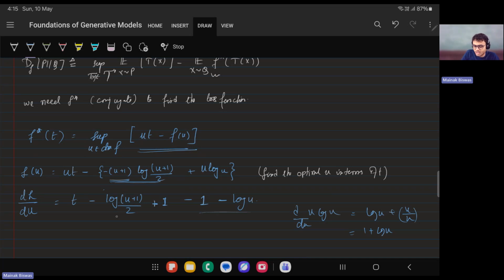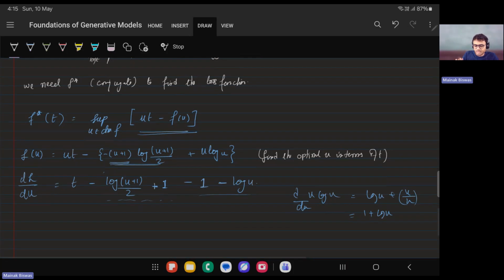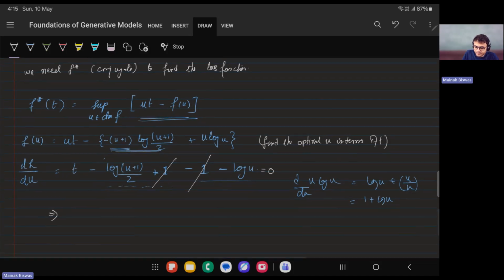And since the internal function is also a function of half and all, that also gets cancelled out. It doesn't really change anything, because there's 1 by u and that cancels it out in the outer summation. There's 2's everywhere. Yeah. So now this is equal to 0, which means this 1 and 1 get cancelled.